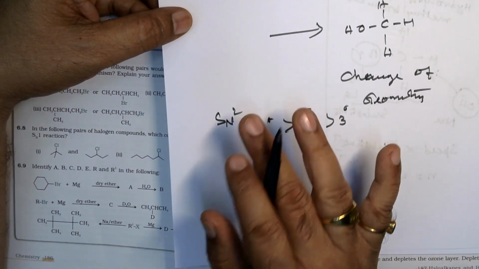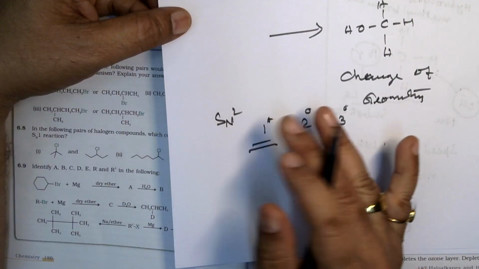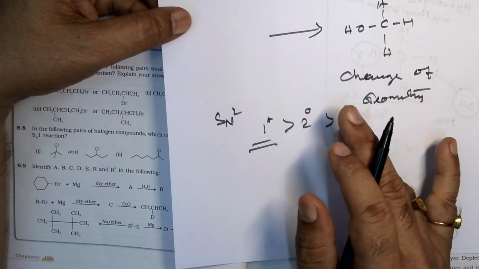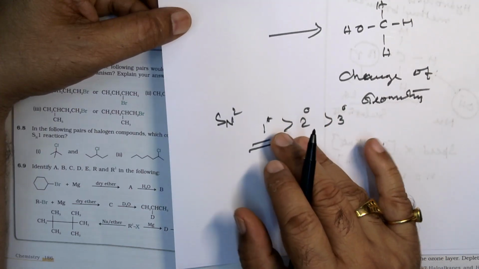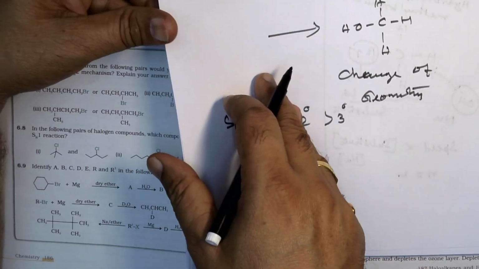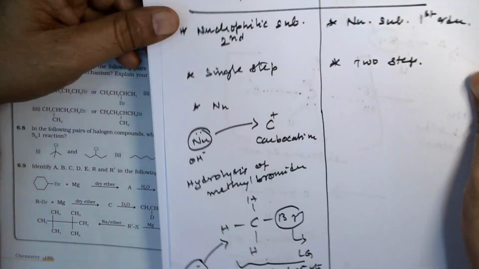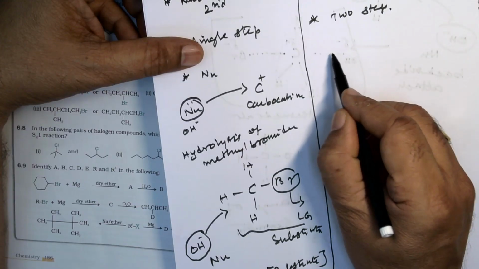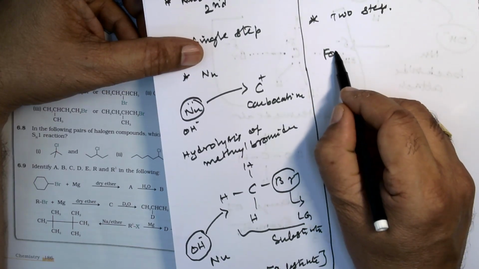If primary is there, that is supported. If secondary and primary are there, primary is supported. If tertiary and secondary are there, secondary is chosen. So this is the grade, and that is the priority. And in the case of SN1, this is a two-step process. So first here, formation of the carbocation.